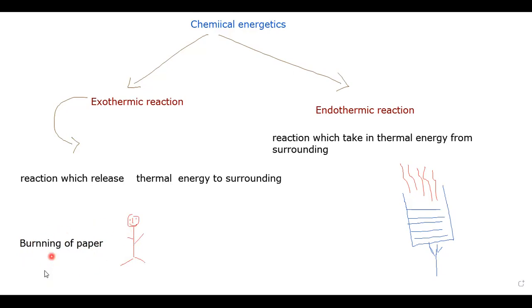So burning of paper releases energy, so you feel hot. So this is exothermic reaction. To summarize, you know the word exit? It is a place you can go out. So exothermic means energy goes out. It releases energy to the surrounding.